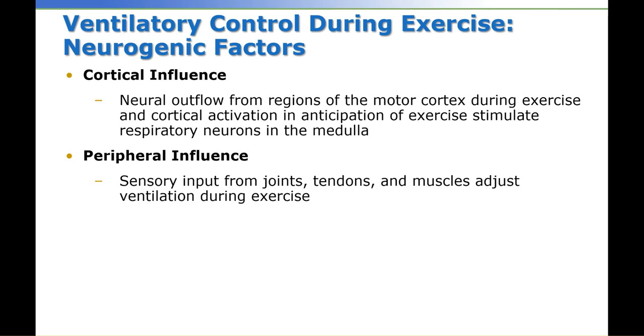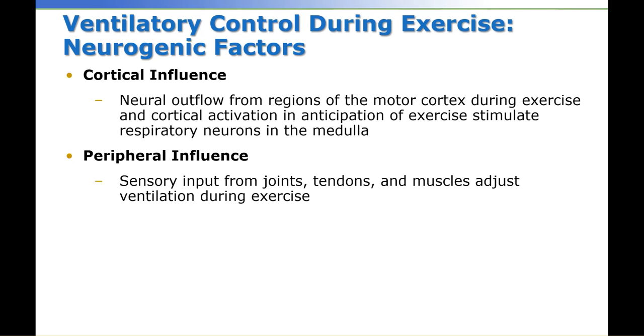So when activity begins, cortical outflow acts in concert with demands of physical effort and abruptly increases ventilation. Peripheral influence: sensory input from joints, tendons, and muscles adjusts ventilation during physical activity.